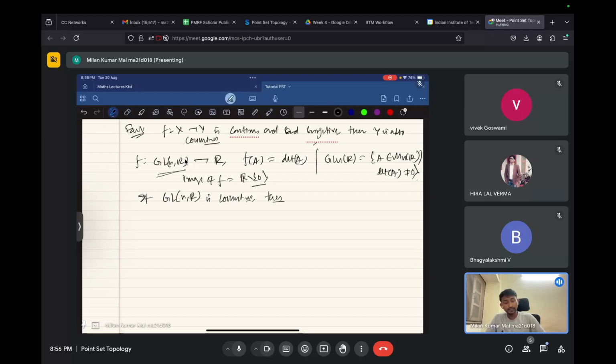Basically, what I want to prove is that this is not connected.